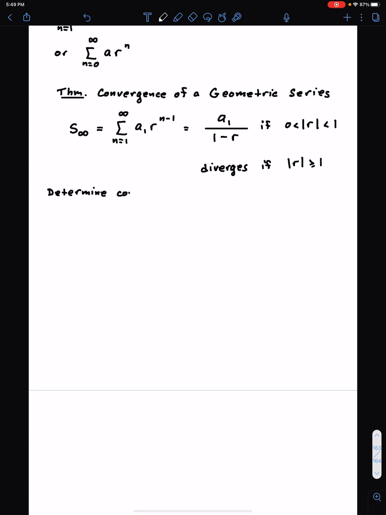So determine convergence or divergence. If the series is convergent, find the sum.